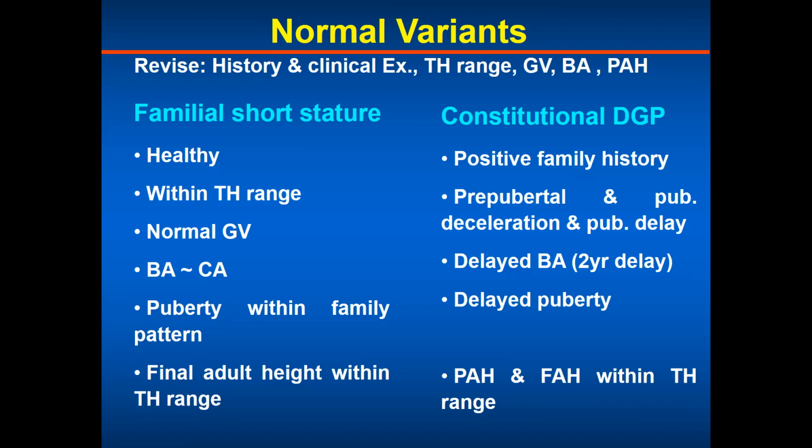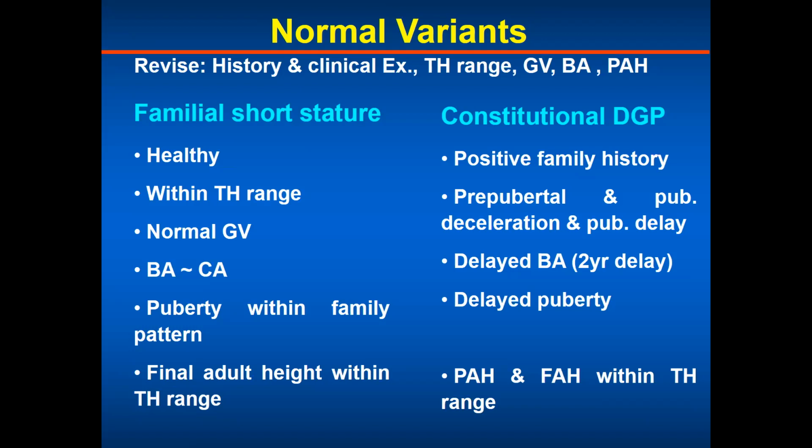How does it differ from the familial? There is always a positive family history of pubertal and growth delay. There is a pre-pubertal and pubertal deceleration of growth along with a pubertal delay. And there is a delayed bone age, by 2 years from the chronologic age.